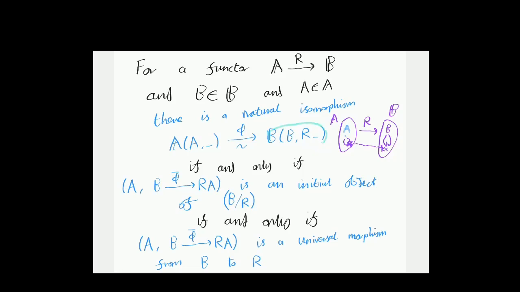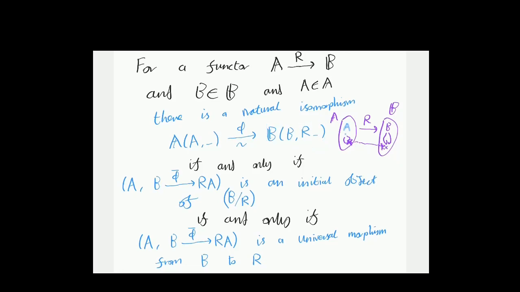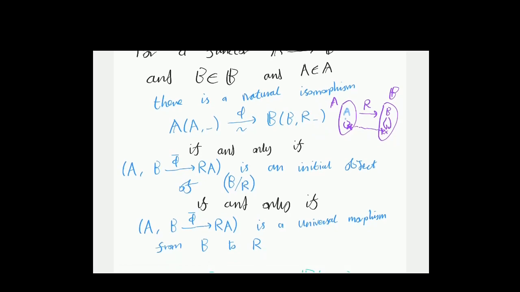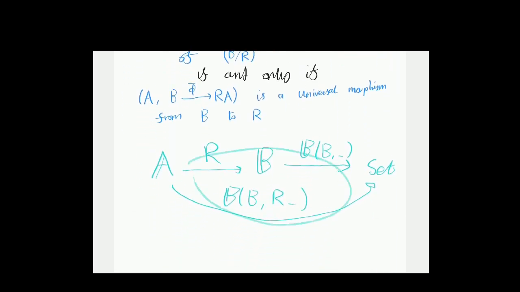So firstly, let me tell you what this functor here does. We can think about this functor, scripty B of B comma R blank, as this kind of composition here. So we do this functor R from scripty A to scripty B, and then we just do this hom functor using our object capital B of scripty B. And that composition, making this triangle commute here, defines this functor here that I'm interested in.